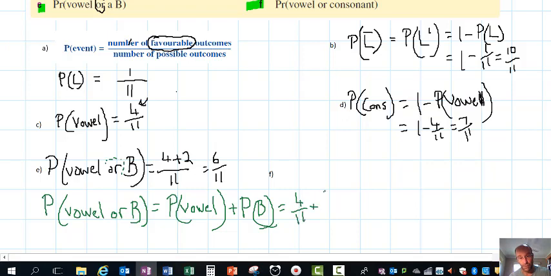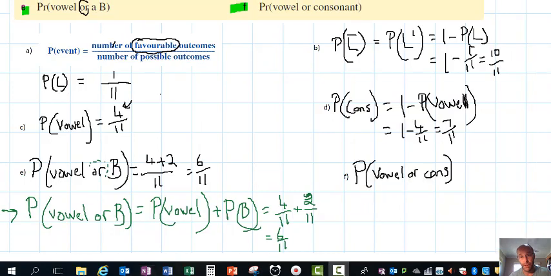Probability of a B was 2 on 11, as there are two B's there. 4 on 11 plus 2 on 11 is 6 on 11. You can see they give the same answer. When we get to more sophisticated probability work, we'll see that this one is more efficient. It might not be for this little question, but you will see in this unit that it is more efficient to use the addition. More about that in a future video.